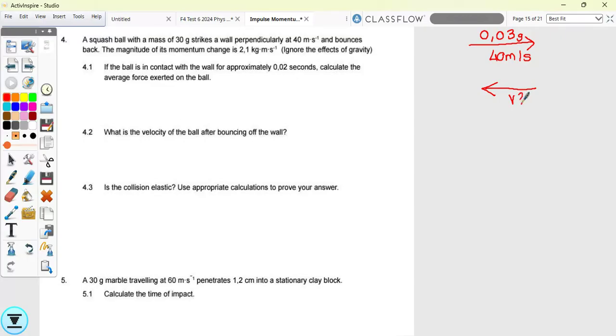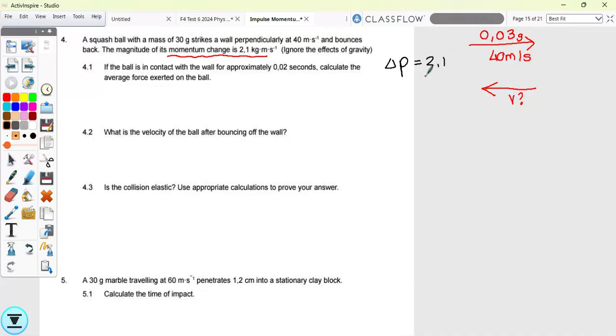We don't know what it is. But they do tell you that the magnitude of its momentum change is 2,1. So what's the symbol for momentum change? Perfect. So they're giving us that delta P is equal to 2,1.